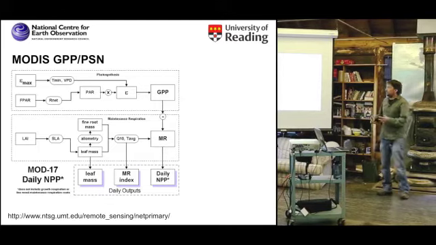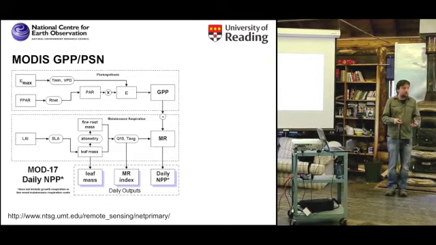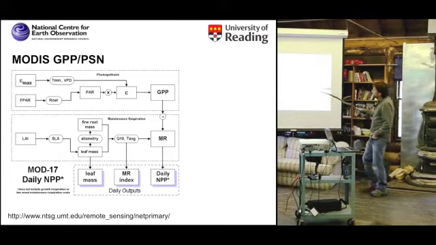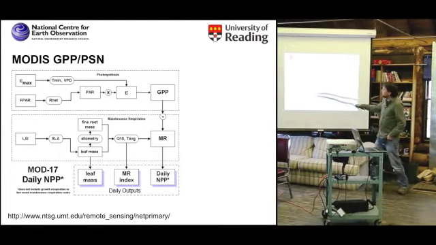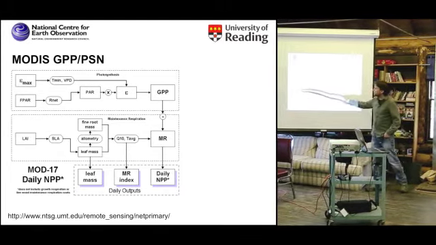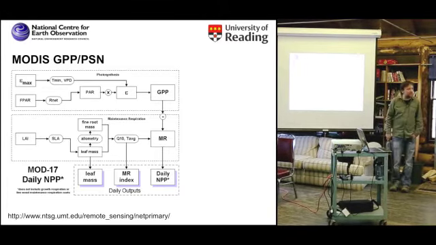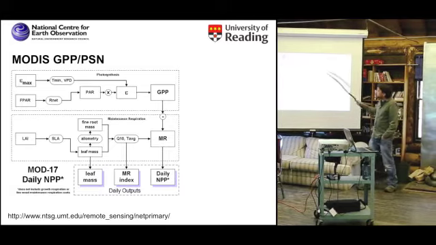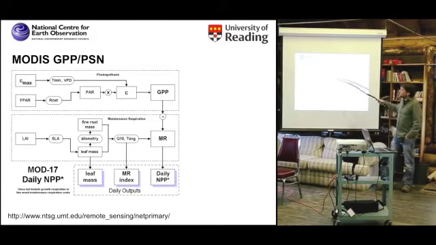This is the schematic of the whole product. Actually, you can ignore this middle box. This is what they do to estimate annual NPP from the data. What I'm going to talk about really is the GPP, the photosynthesis part.